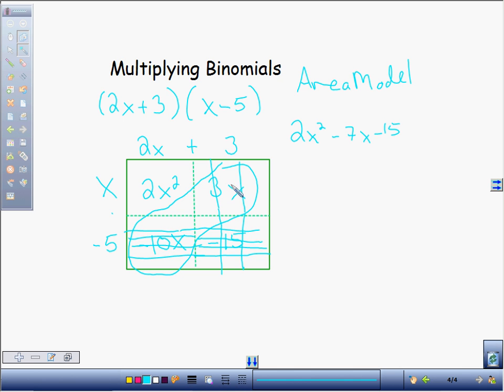I'd have 3 boxes that are worth x each, and 10 boxes that are worth x each, because they go 5 times 2x. So this would be 2x squared, where it's 2x, this would be x, and this would be x.